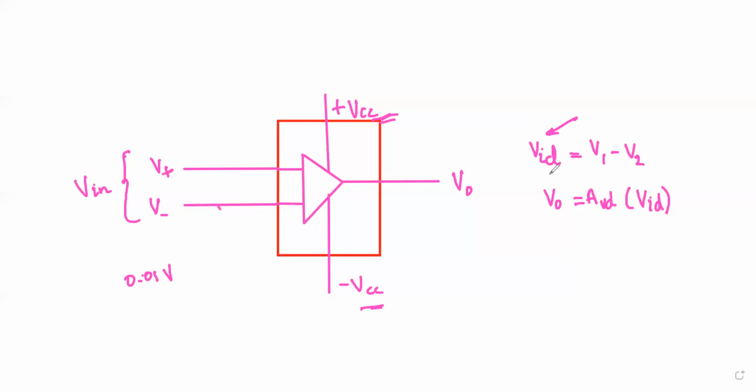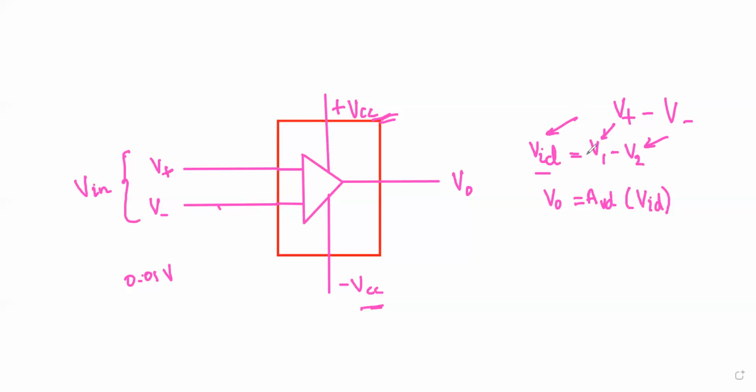Here you can see VID is equal to V1 minus V2. Here V1 would be V plus, and V2 we will normally denote as V minus. So V plus minus V minus is going to be the differential input voltage of that op-amp.